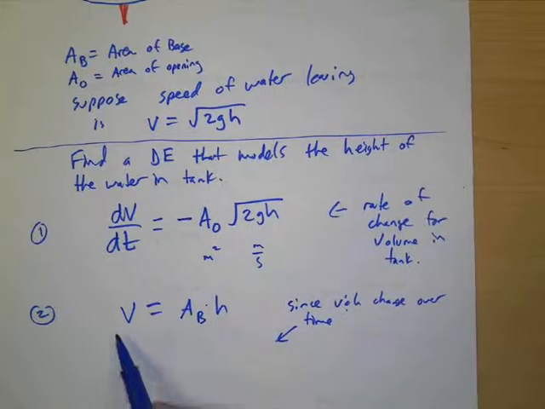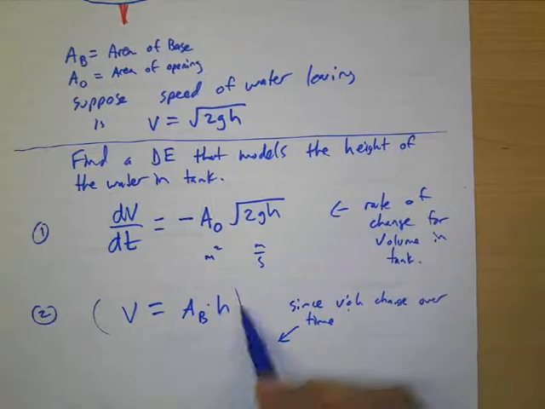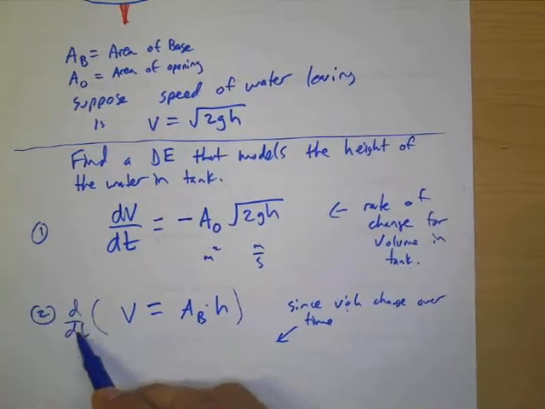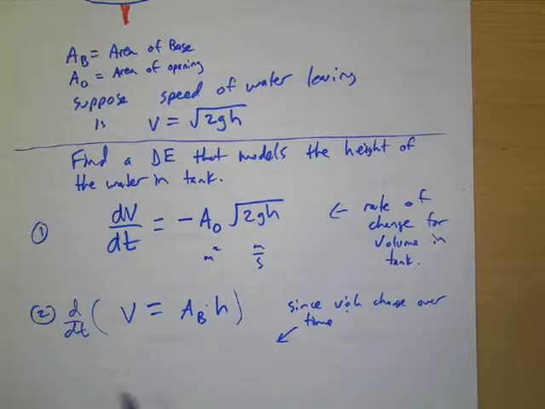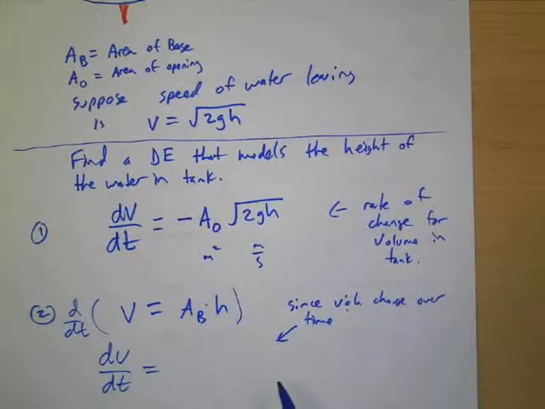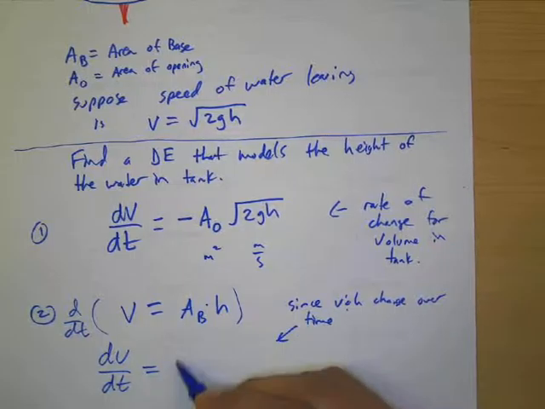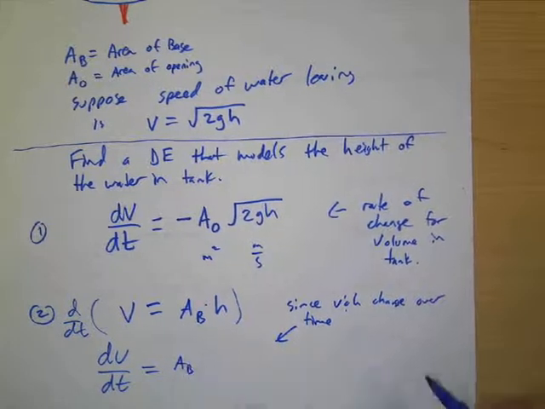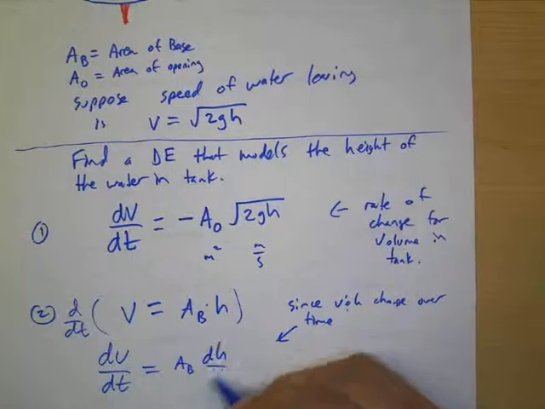So if I differentiate implicitly, what would we get? dV dt, A sub b is fine, that's a constant, dH dt.